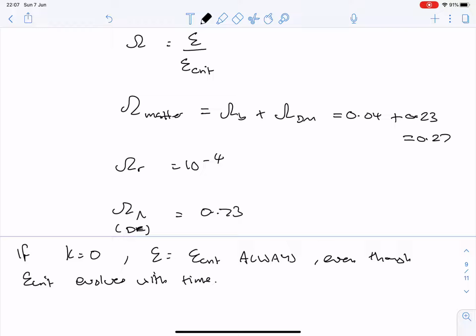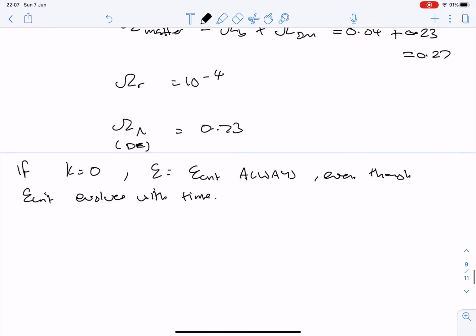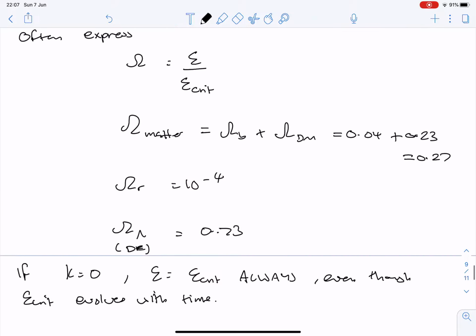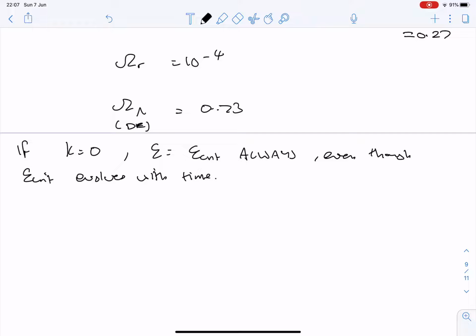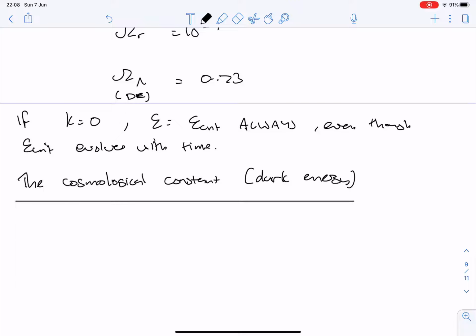And then there's one other thing that we should note here, which is, as well as having a critical density, we can also look at the role of the cosmological constant. The cosmological constant is a very specific form of dark energy, and it exists for a reason.